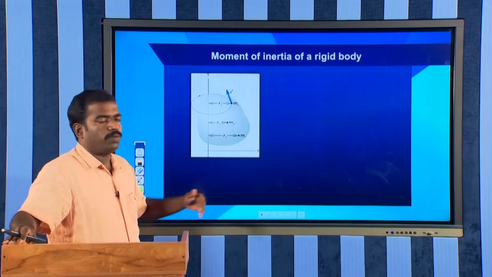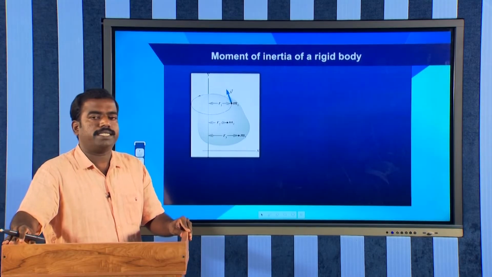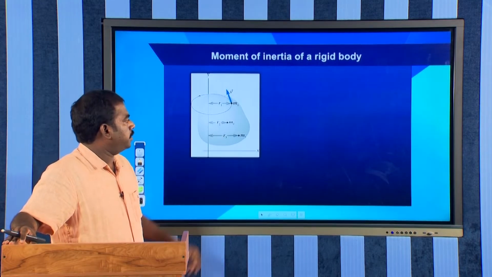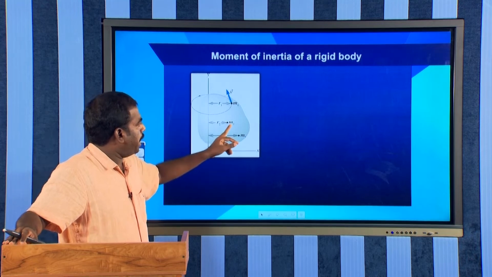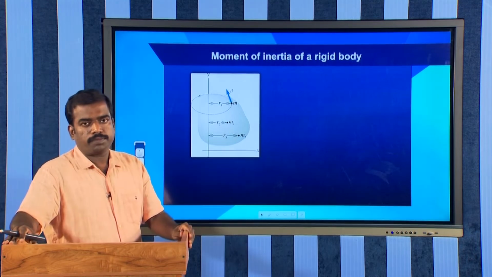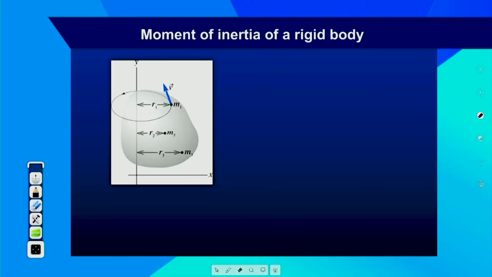Imagine the body is made up of a large number of particles. I am just considering 3 particles, m1, m2 and m3, at various distances from the axis of rotation. Suppose m1 is at a distance of r1, m2 is at a distance of r2 from the axis of rotation, and m3 is at a distance of r3 from the axis of rotation.